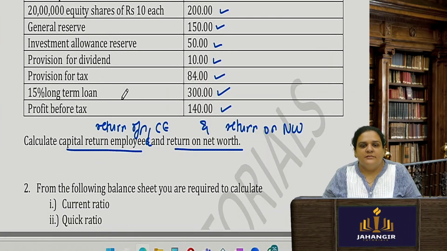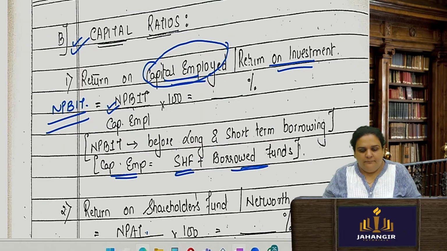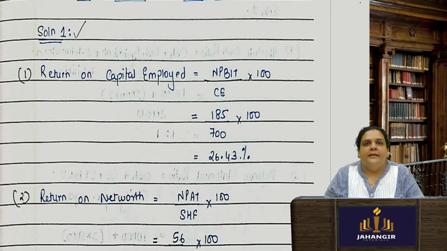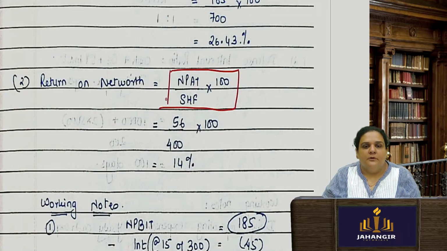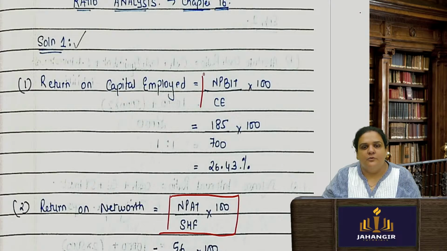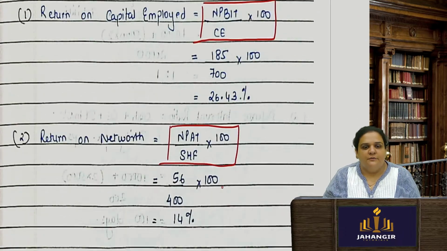So I am just writing the formula and keeping it here: NPBIT upon capital employed into 100, and return on net worth means your shareholders funds, so net profit after tax upon shareholders funds into 100. Okay, these two formulas we have to use. Now for that I will need NPBIT, capital employed, NPAT and shareholders funds.